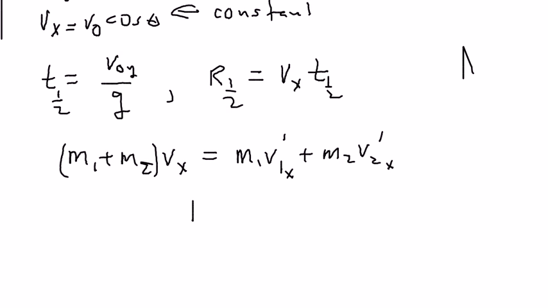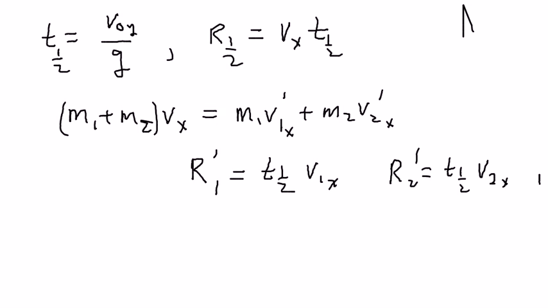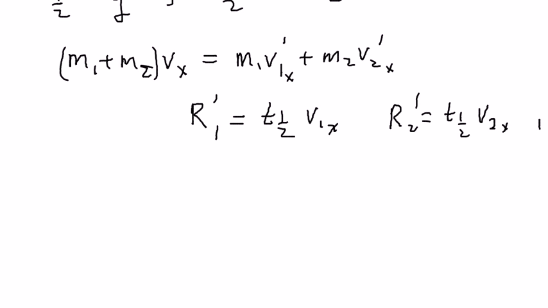So I can get the range, I'm going to call it r prime, for particle 1: that same time, t1 half, times v1x, and r2 prime is going to be t1 half times v2x, because we know that the time to go up and the time to go back down again are the same, because we were assuming that there's no velocity in the y direction.